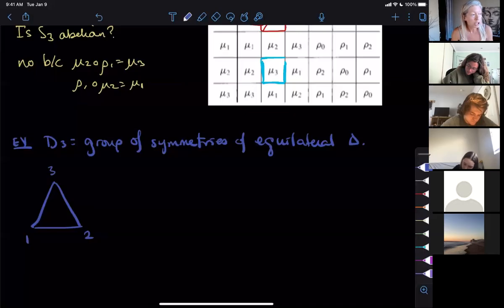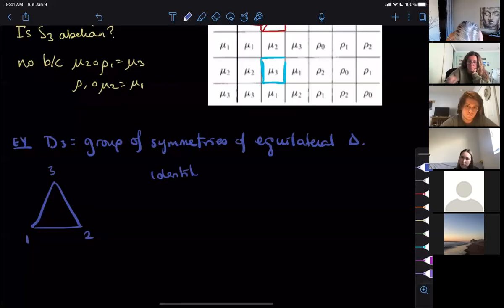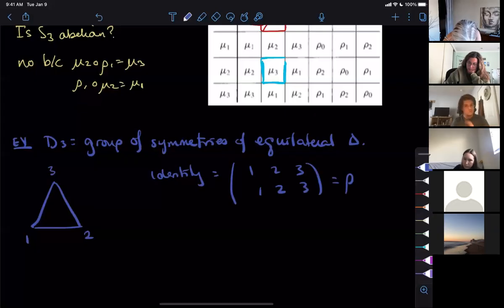That means it's a motion, but I can't just move it over somewhere else. I have to move it and have it land exactly where it was, but maybe the vertices are moved around somehow. So for example, one of these could be do nothing. That's the boring symmetry. That's the identity symmetry. We called that row 0 above.